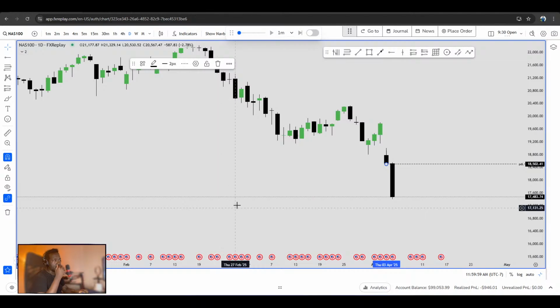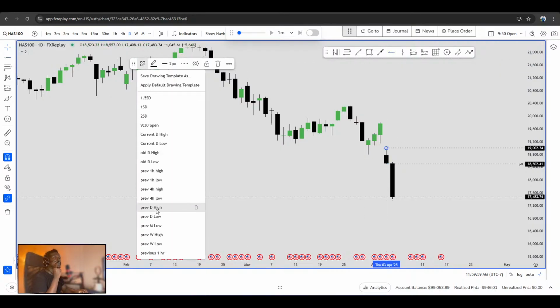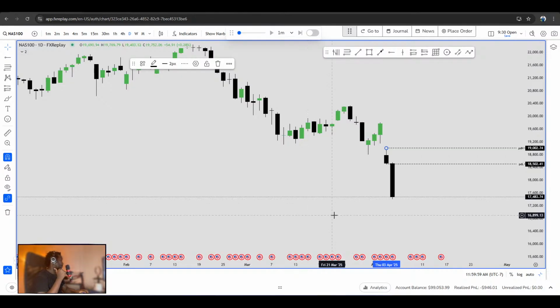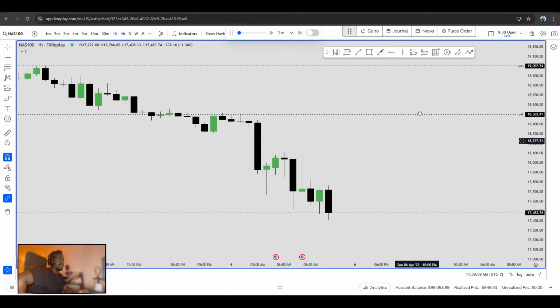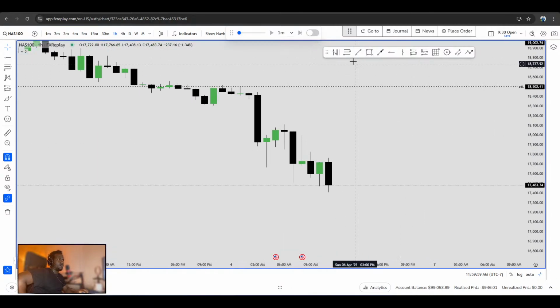Previous day low, the previous day high, which I don't have to mark. I'm tired. And then we'll just jump down to the 1 hour, and this is obviously gonna be the 11 a.m. high.